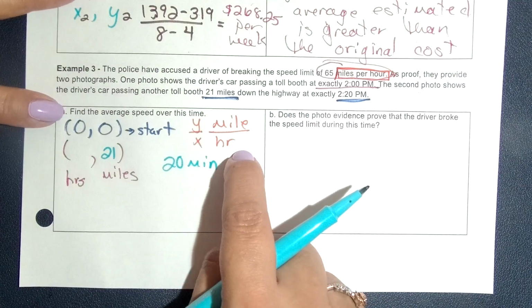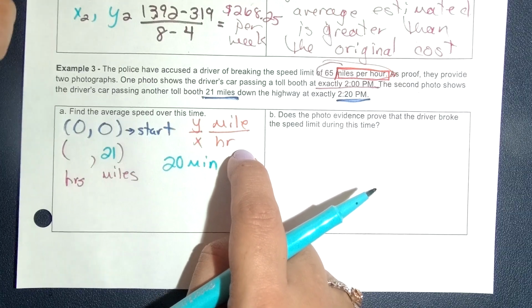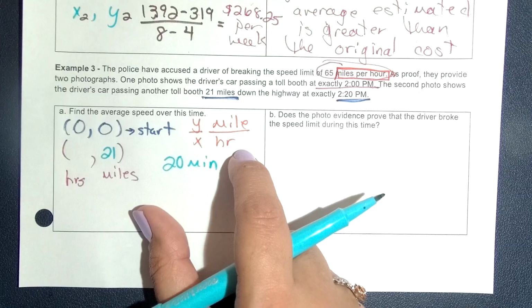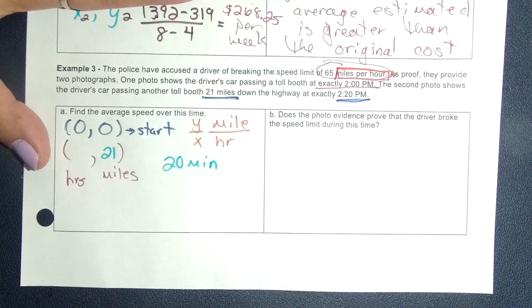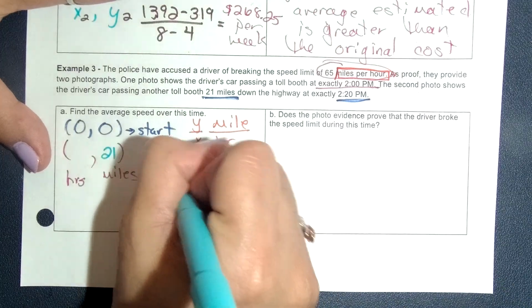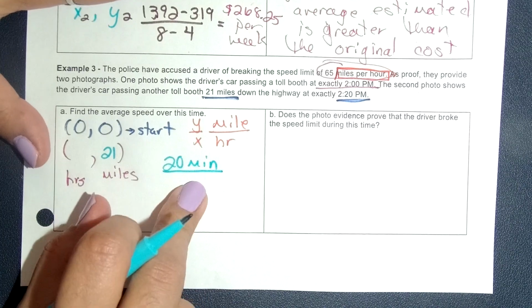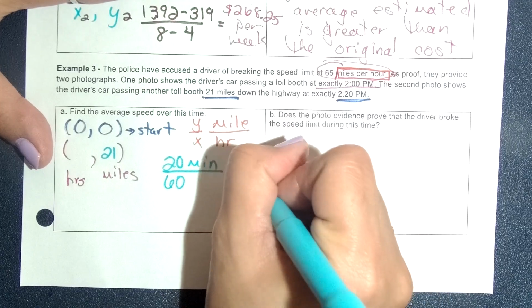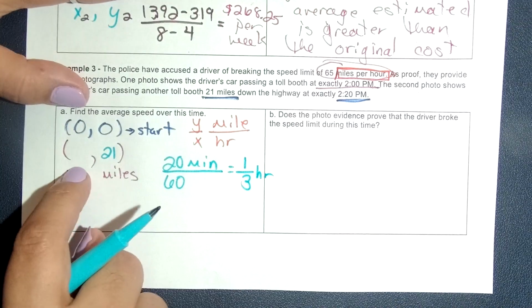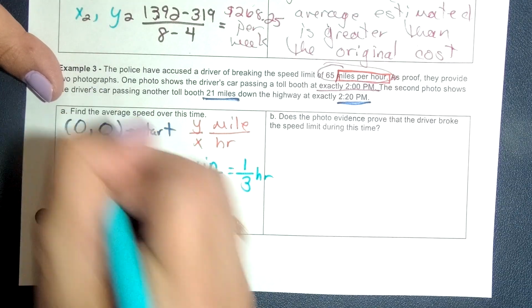In hours, right? It could be a fraction of an hour. How many minutes are there in an hour? 60. So to determine what fractional hour this is, we divide by 60, and that gives me 1/3 hour. So then what is this going to be? 1/3. Questions?